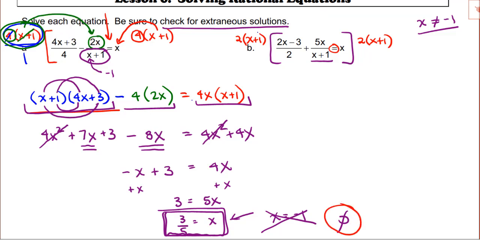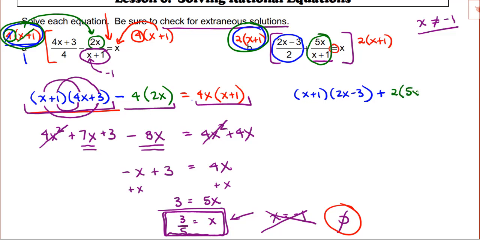So then I distribute here to here. Who's gone? 2. Who's left? X plus 1 with the 2x minus 3. What's the sign between the groups? Plus. Who's gone in the green? If this one's gone, what's left? 2 times 5x.